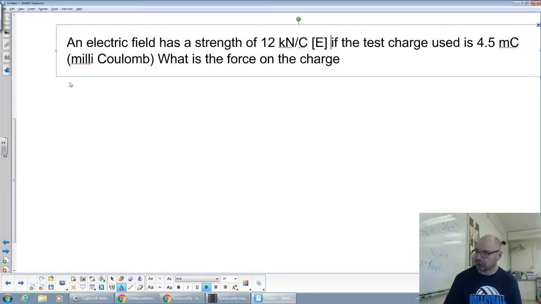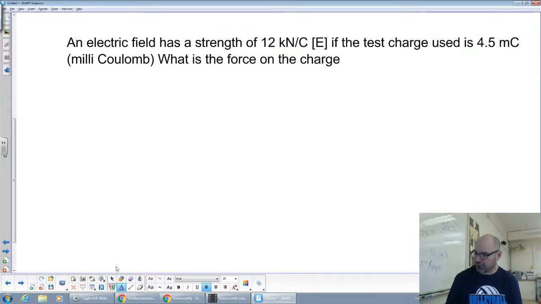Okay, so we should write our variables out first. We have the 12 kilonewtons per coulomb, which should be written in newtons per coulomb so that we can deal with that. But we can probably leave it as kilonewtons too, but we just have to be careful with our units. But I'm going to put everything back to the original units.